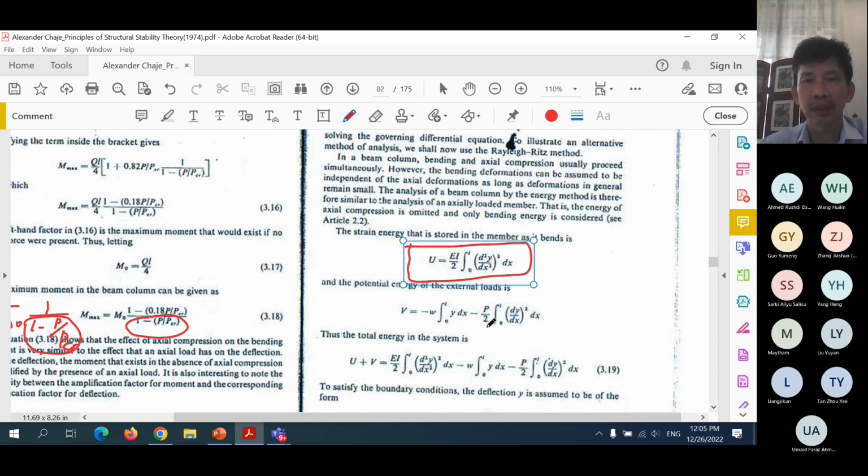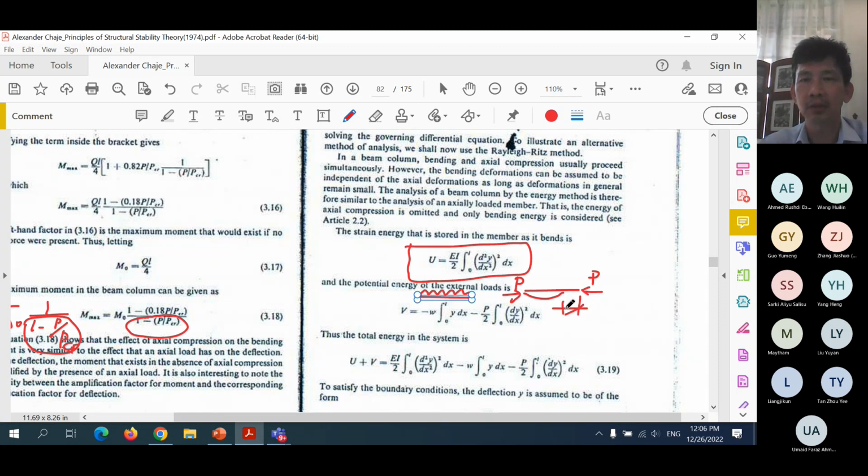Then we can get the potential energy of the external load, which is given by these expressions here. The first term comes from the distributed load. The second term is the potential energy due to shortening of members, meaning that we have P acting here, and the member deflects.